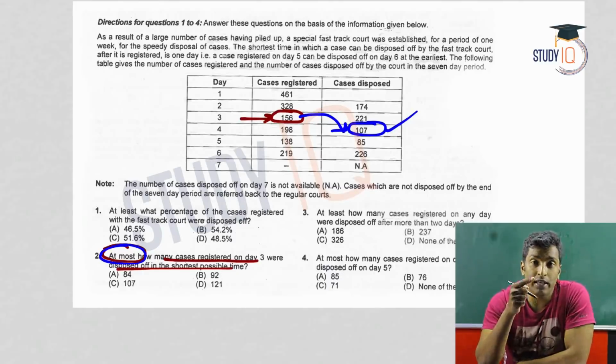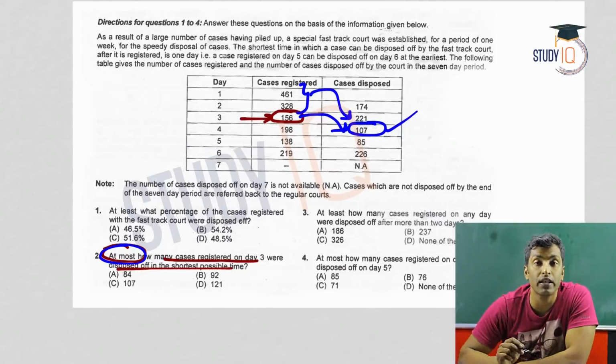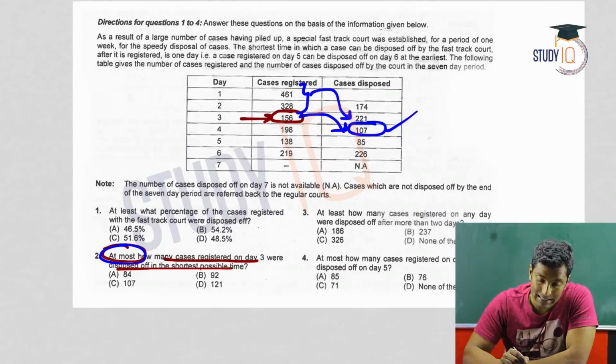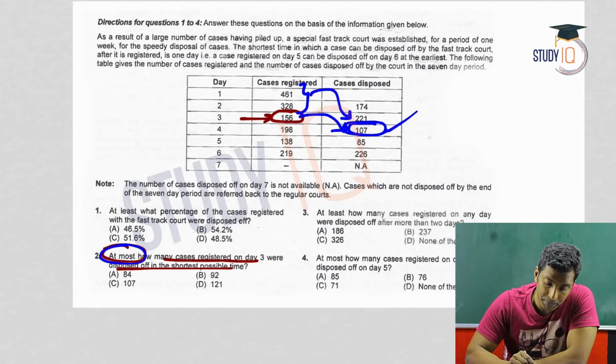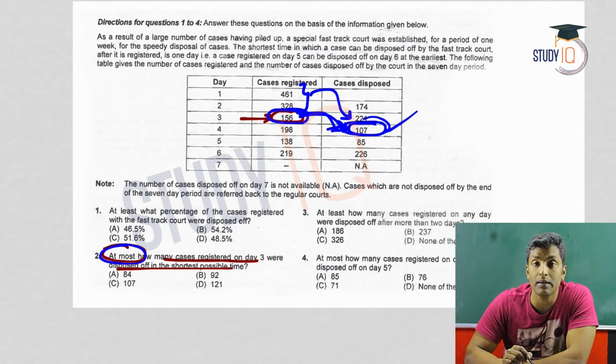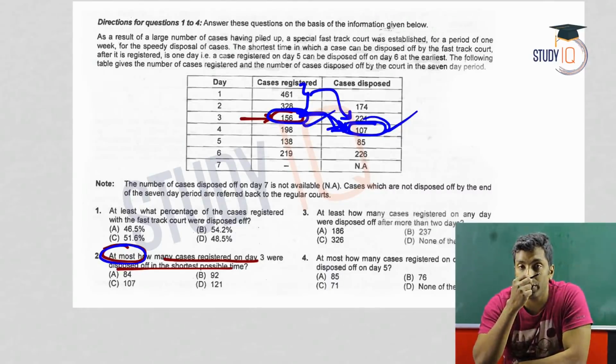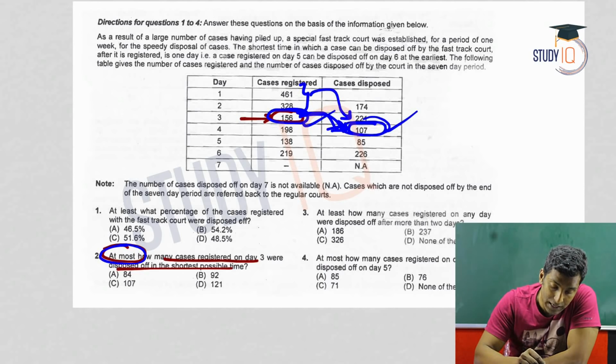But if you think practically, this 107 may contain cases from here also. But what we are looking for is to maximize this 107 from this 156. So we need to see the possible answer, right? The maximum possible number is what we need to get, and that is going to be 107. See, let's suppose this is 170.